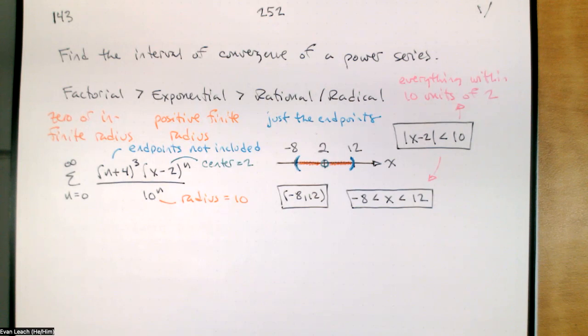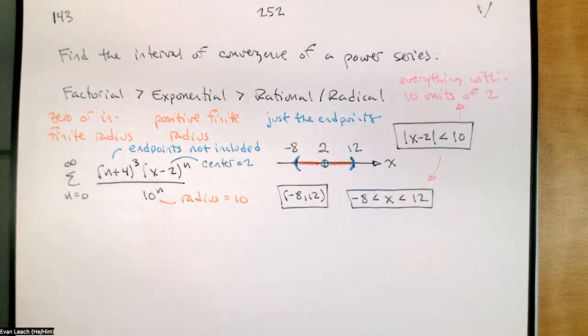And since it's less than and not less than or equal to, it's everything strictly within 10 units of 2. So not including -8 and not including the 12. Moreover, you want to be able to move things around.